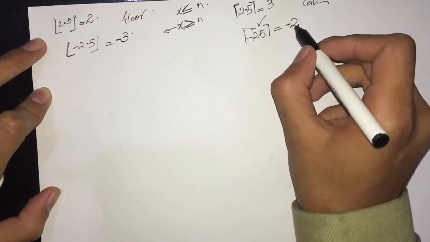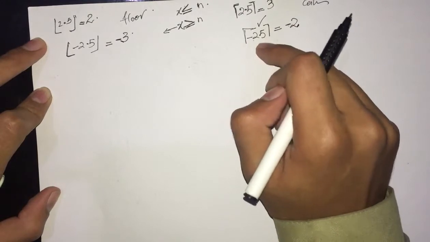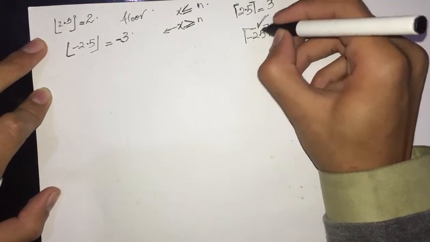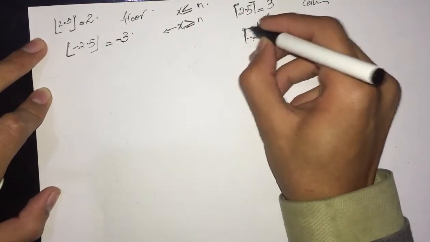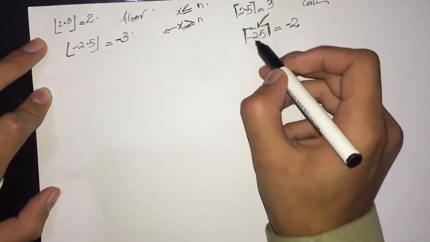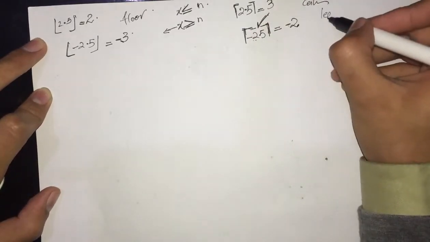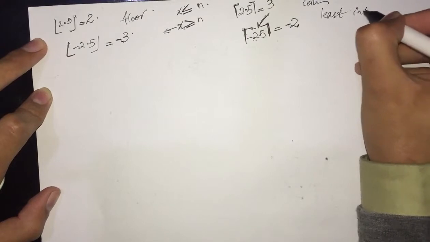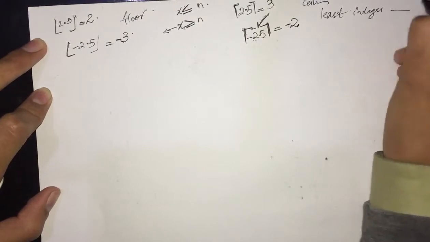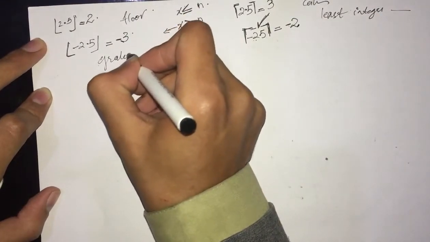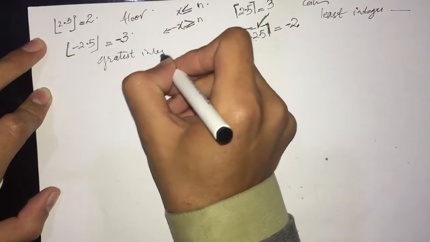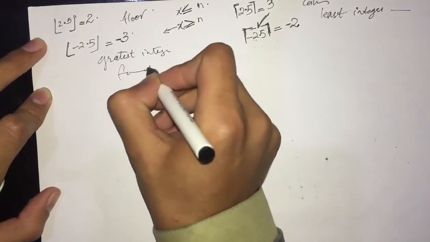It is a greater integer, but it is the least integer of this value which we are calculating. So this is the least integer function, and this is the greatest integer function.